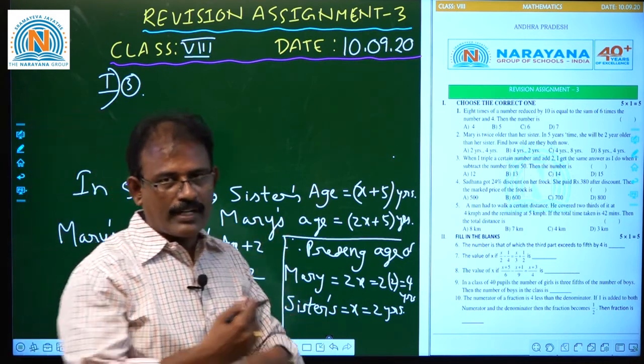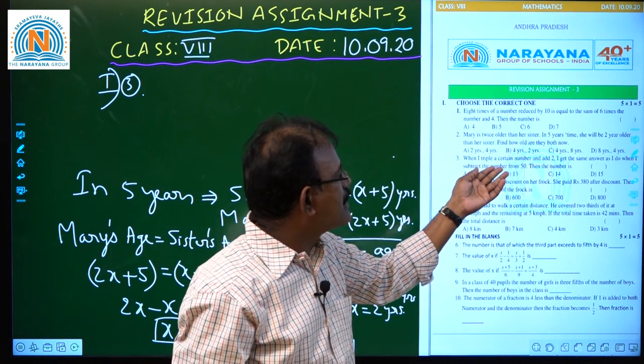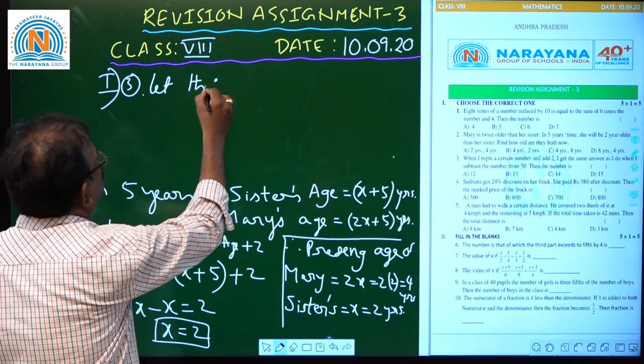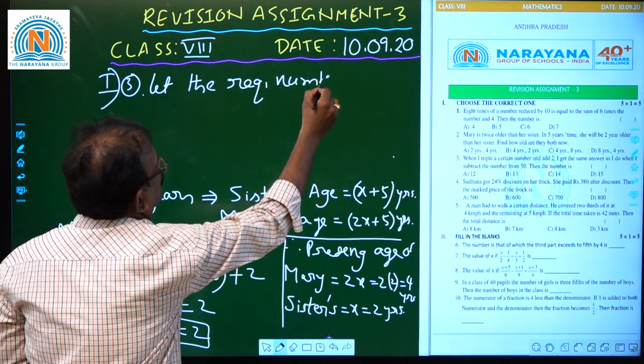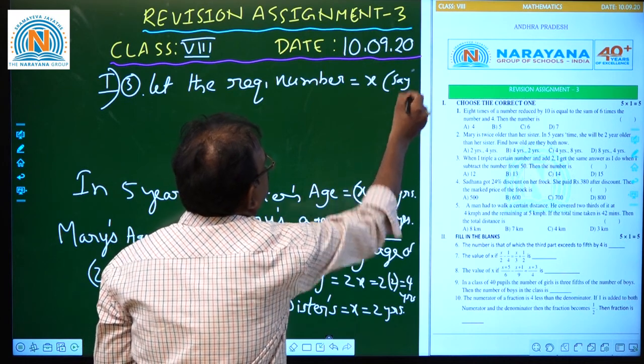So here we have two kinds of operations. What is the first one? When I triple a certain number, first of all, let the required number be x.